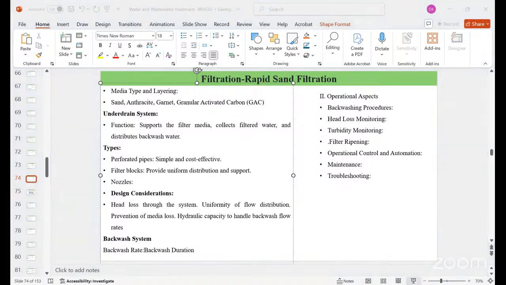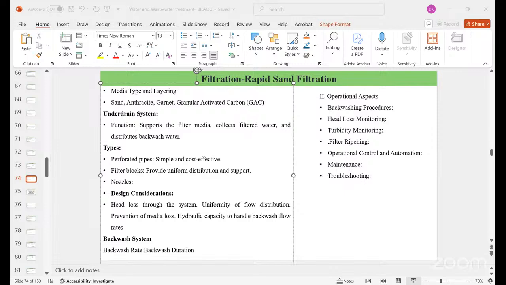For the backwash system, mainly we will be looking into the backwash rate and the duration. The backwash rate is the amount of flow, or the flow regime, used in order to remove the contaminants from the media, and then the backwash duration is the period of time taken to clear the filter bed.